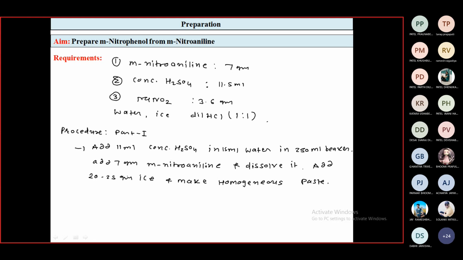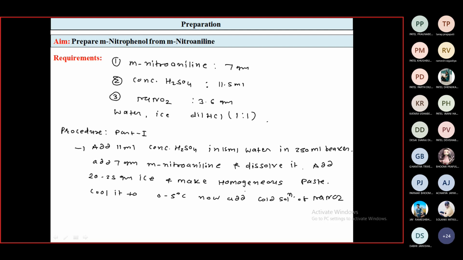Cool it to 0 to 5 degrees Celsius temperature by keeping in an ice bath. Now add cold solution of NaNO2. So diazotization takes place.